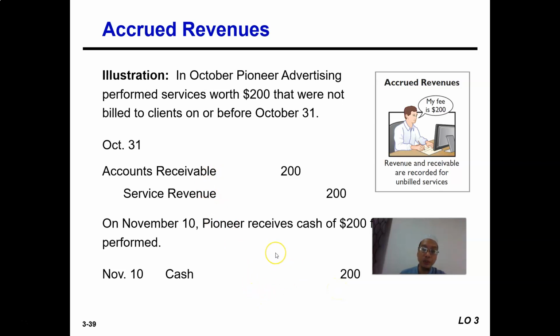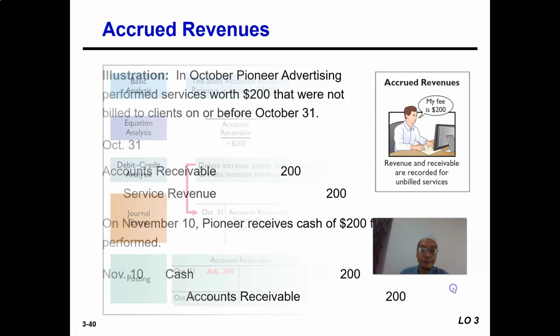We credit accounts receivable by $200. Now our accounts receivable is zero, and our client no longer owes us for the service we rendered.